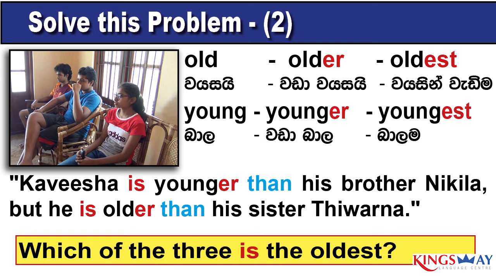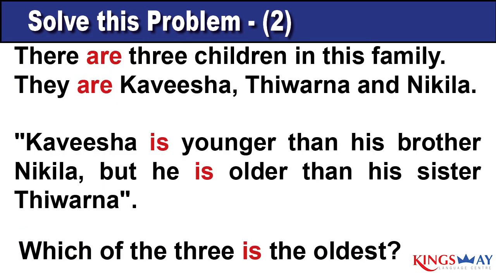The comparative form of an adjective is usually formed by adding er to the positive form. Young, younger. He is older than his sister Tivarna.